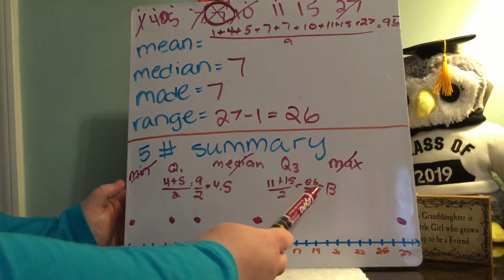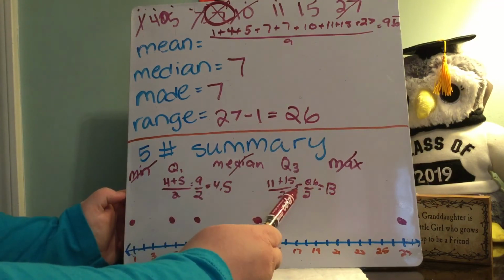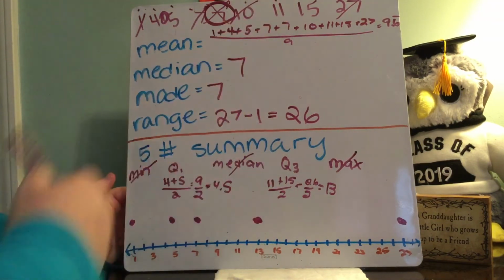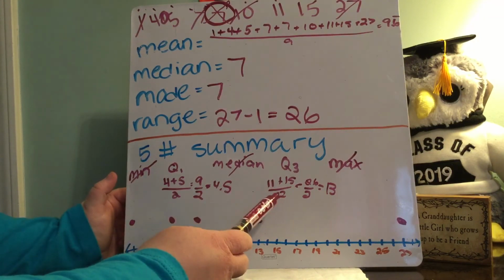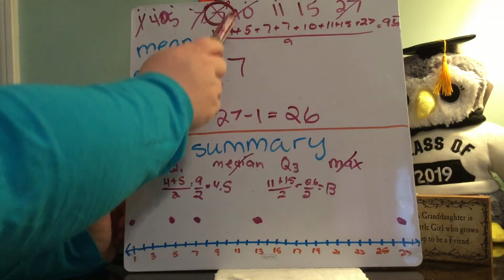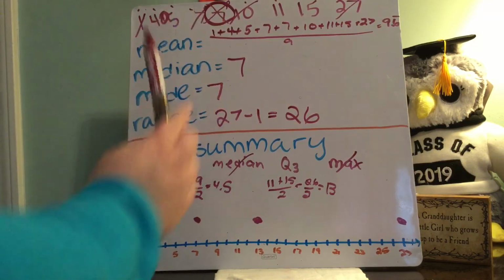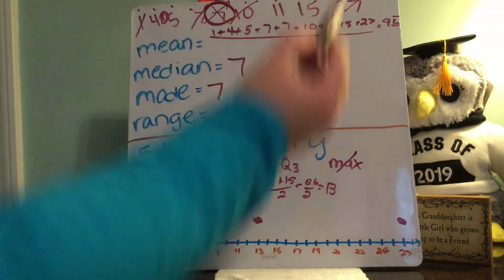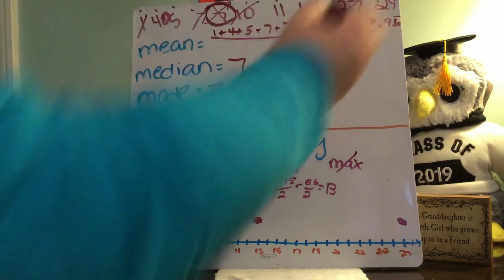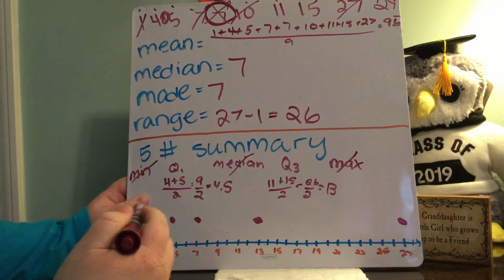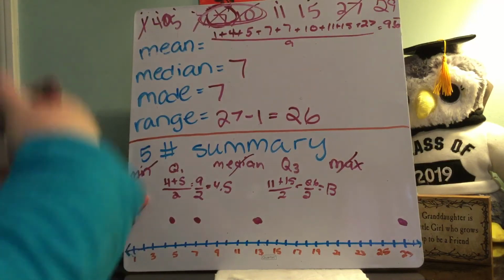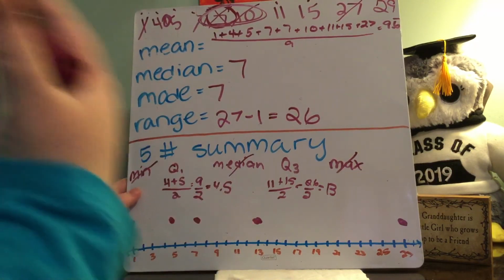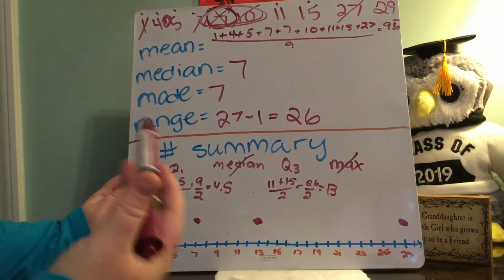This is how you calculate the median of a set of data when there are 2 numbers left. The same thing would happen for the median. If I added 29 into our data set, then our median would have been between 7 and 10. So we would have added 7 plus 10 divided by 2, and that would have given us our median.